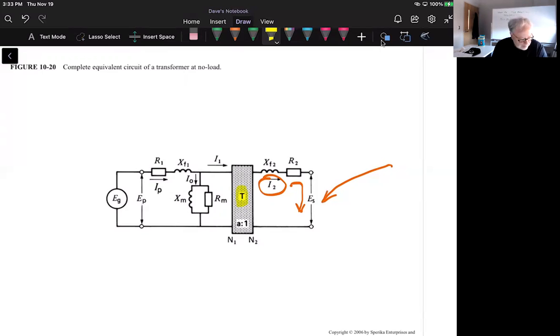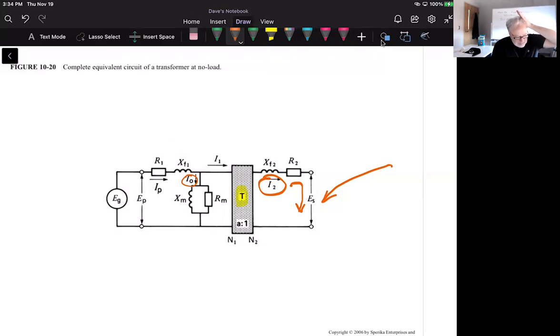Consequently, only the exciting current flows through R1 and XF1, so only the exciting current is flowing. And that's all the current here because it's not loaded.